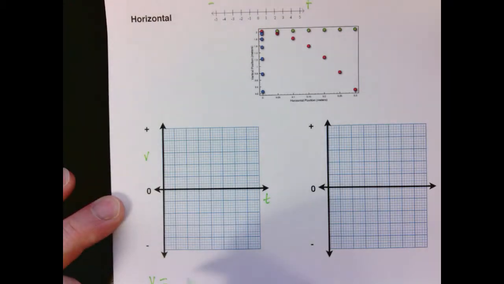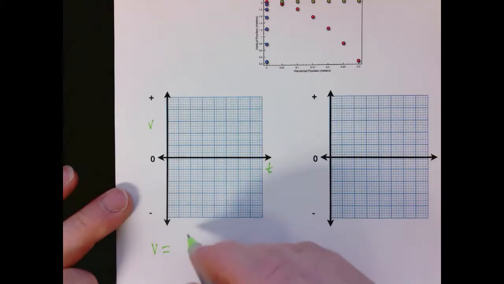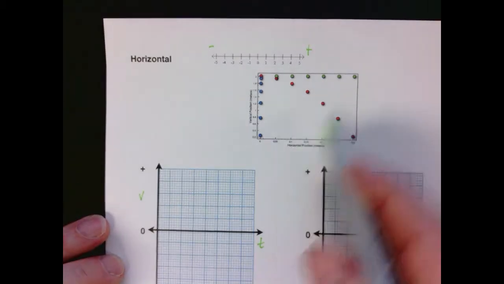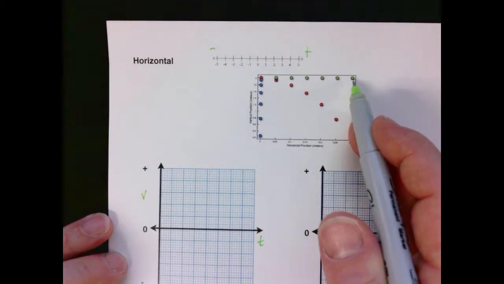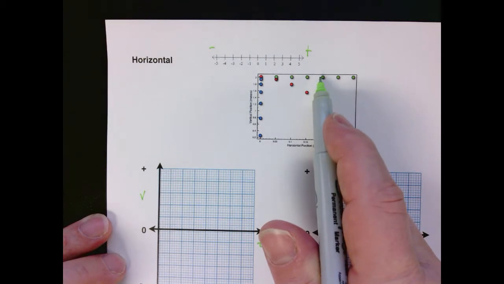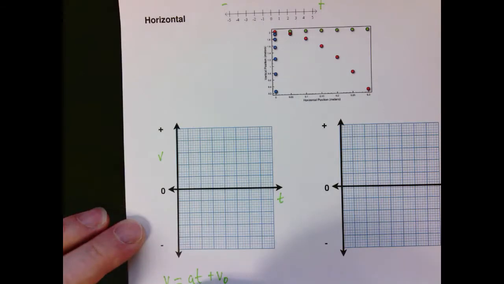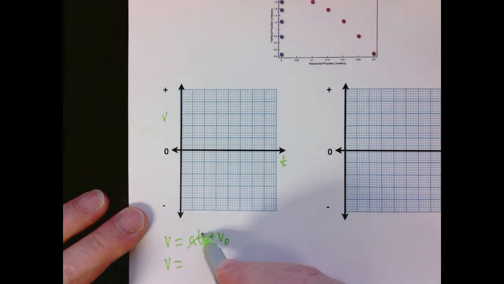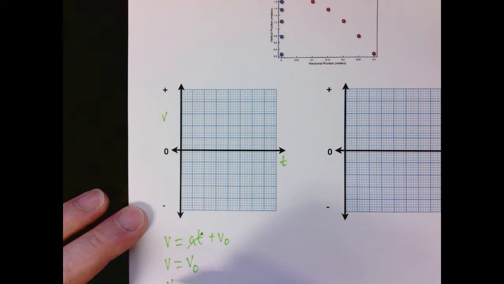And so we start with our generic equation, v equals at plus v0. Then we put in the acceleration, and we look at the green dots, and we recall that there's no acceleration. It's constant velocity. So the acceleration is 0, which means this term drops out, and so the velocity just equals v0.